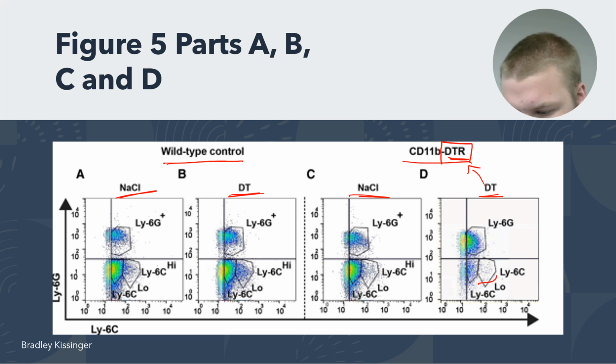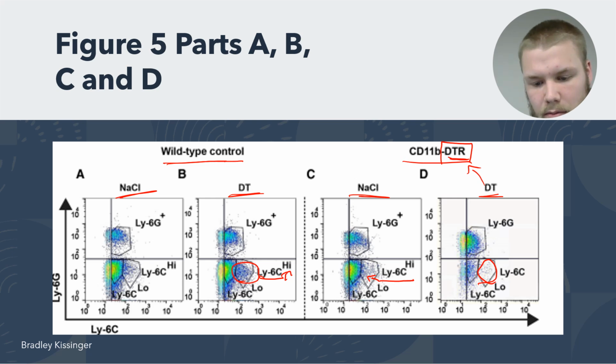But you can see here this LY6C, in this one it's increased, but it's significantly more than over here. So this LY6C high gene specifically is the one that we're looking at, because that is the one that is going to inhibit the actions of the monocytes in those wild type mice.